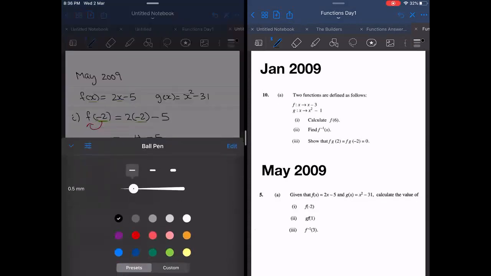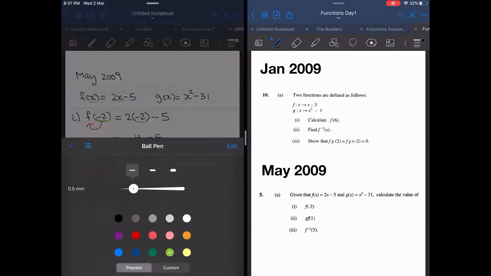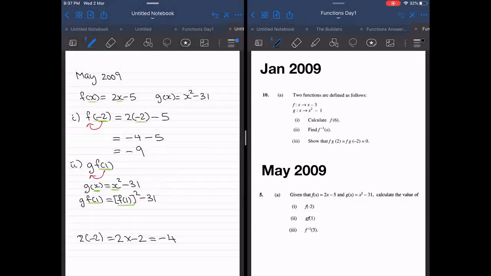And remember I said we always put a bracket around what we're inserting. So I need to go to the side and figure out what is f of 1.